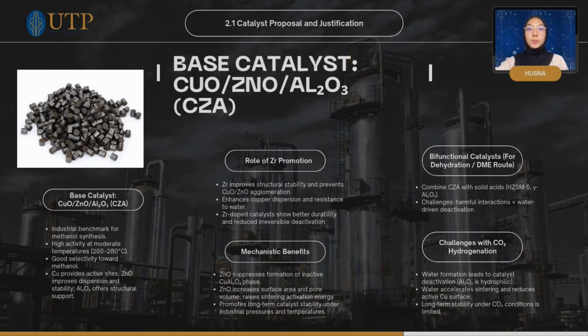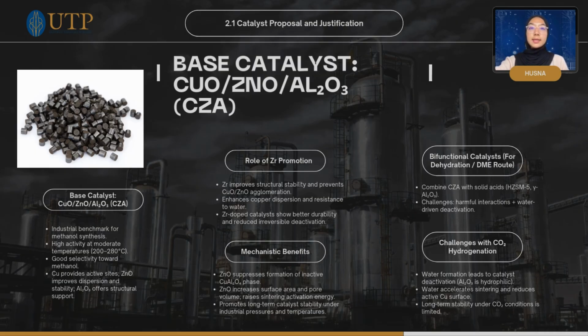Zinc oxide also plays a critical supporting role. It helps inhibit the formation of inactive copper aluminate phases and increases surface area and pore volume, improving durability at industrial temperatures. Even though zinc oxide slightly reduces initial activity, it increases long-term performance and regenerability.